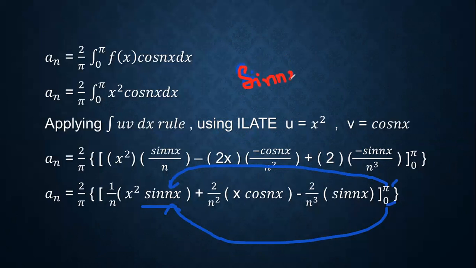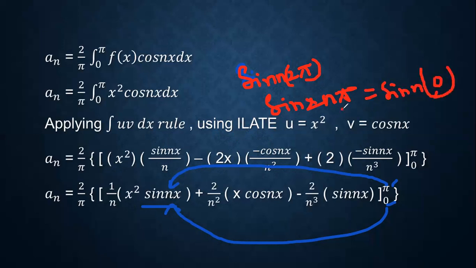Sin n into 2 pi, in place of x if you substitute, that is sine 2n pi, or sine n into 0. If you substitute pi, or 2 pi, or 0, wherever you have the sine function, this value will become 0.